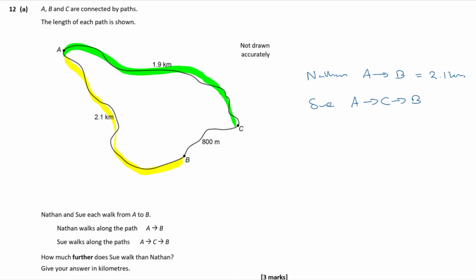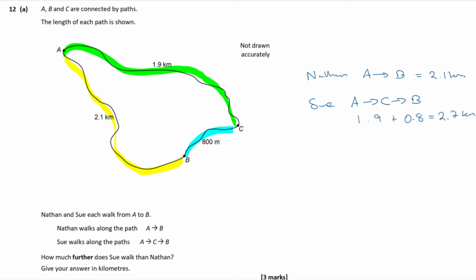That's 1.9 kilometres. And from C to B, that is another 800 metres, which is 0.8, isn't it, as a kilometre. So adding that together, that comes to 2.7 kilometres. Okay, so Sue walks slightly further than Nathan.